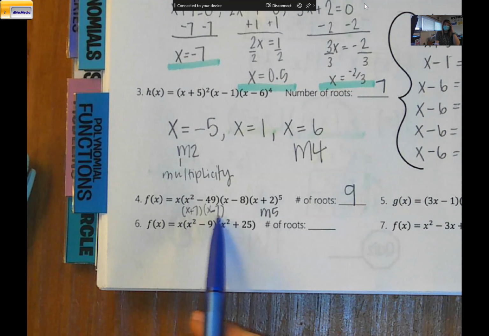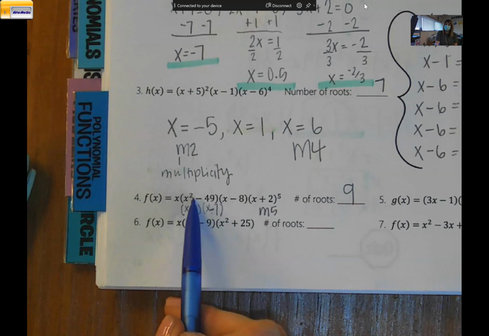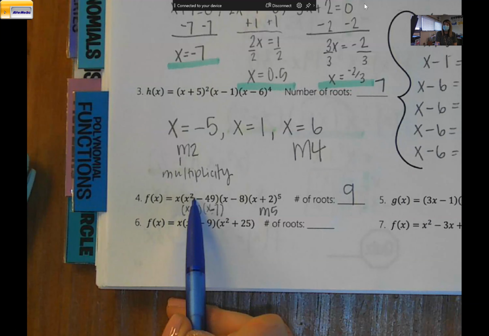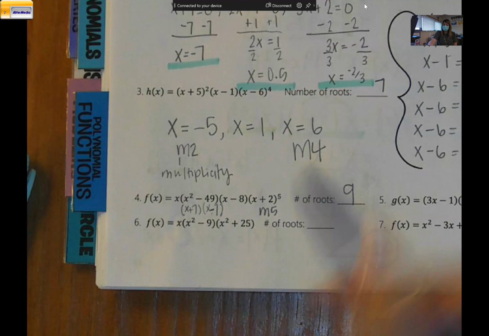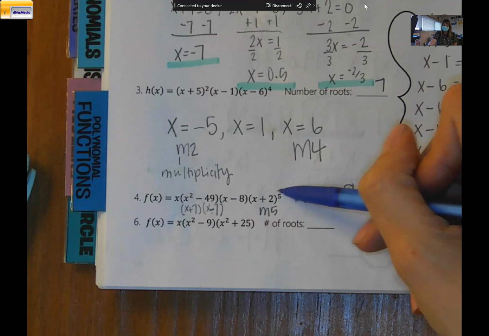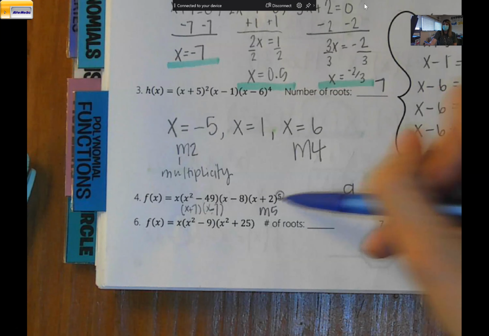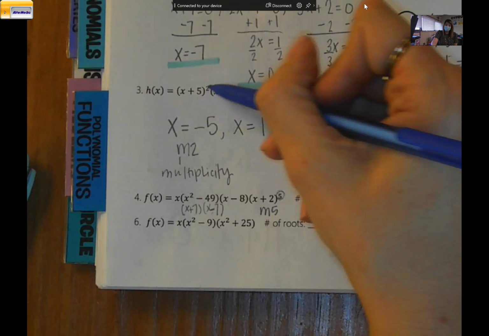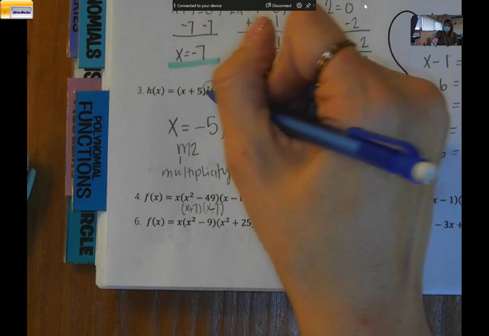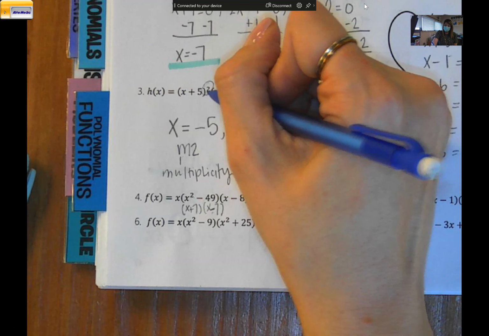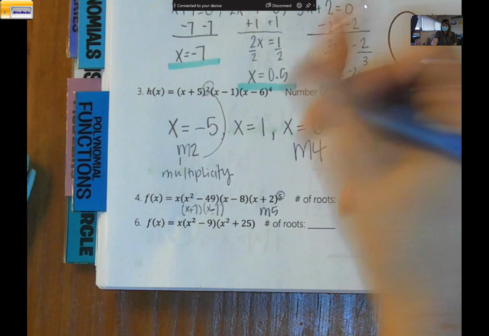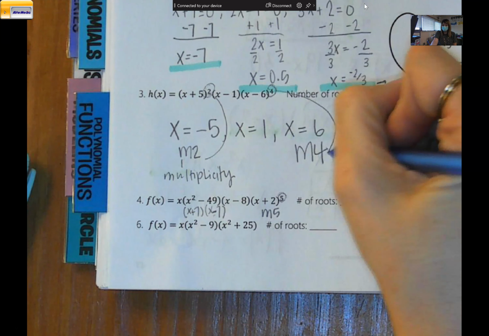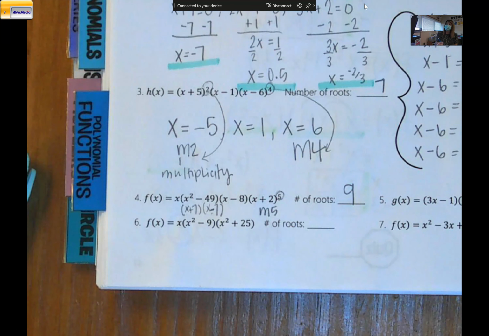So those are 2 different solutions that would come from x squared minus 49. Also notice that whenever you have a multiplicity, the exponent is on the outside of the parentheses. Up here with multiplicity 2 and multiplicity 4, it was outside of the parentheses.